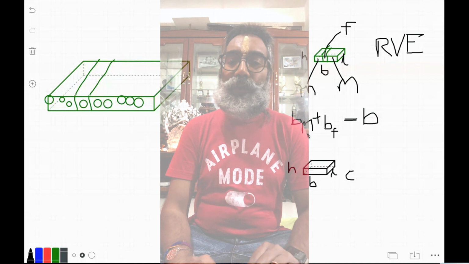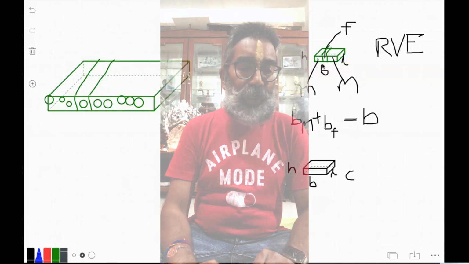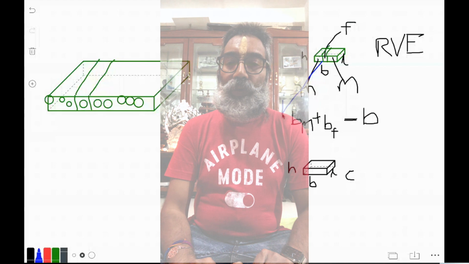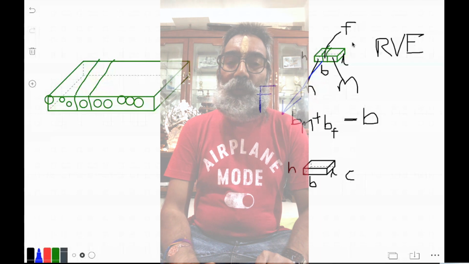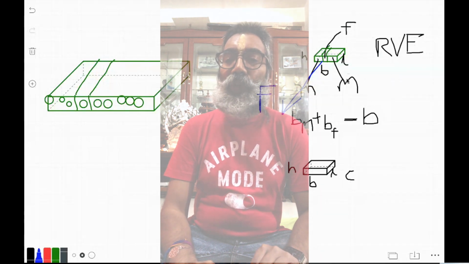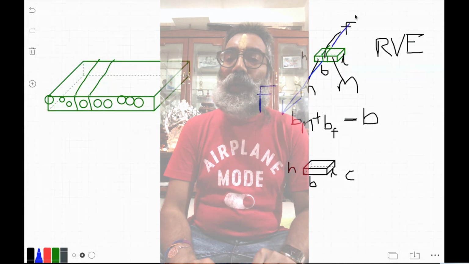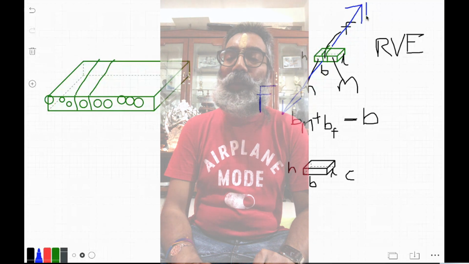So coming back to this, now suppose we apply a force along the length, which we shall call a force F, big F, as opposed to the small f used for the fiber, and an equivalent opposite force in the other direction.